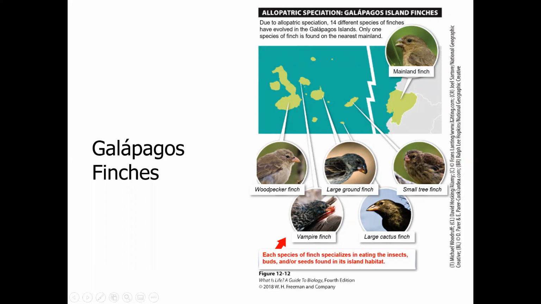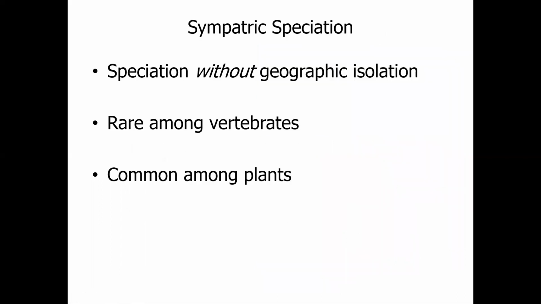But since enough time has passed and we have a geographic barrier, being the ocean in this case, they aren't necessarily going to want to cross it, or if they even could, they are now too different to reproduce. So that was allopatric speciation.